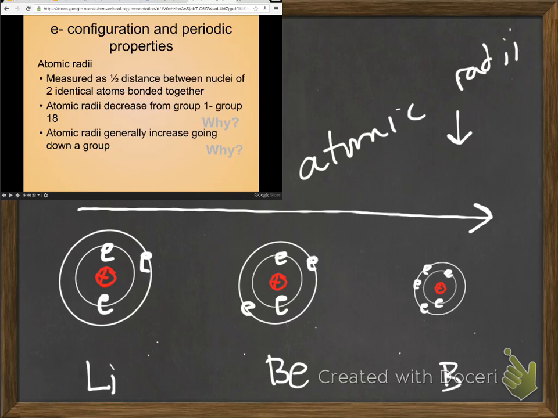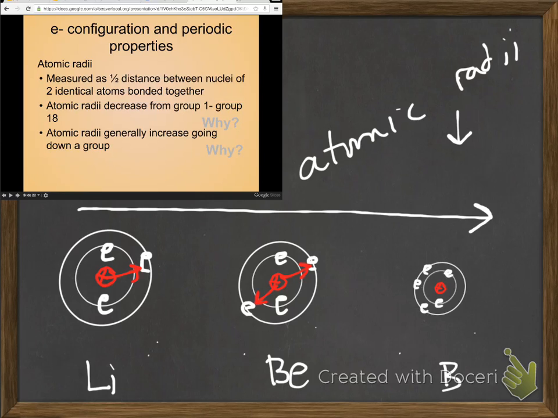So while we have here 3 protons pulling on 3 electrons, and there's some shielding to get to that outer electron, here the nucleus is pulling now on 2 electrons in the outer ring. So it's as if you've now got 2 places to pull that outer ring in, and that means you're able to pull it a little bit tighter.